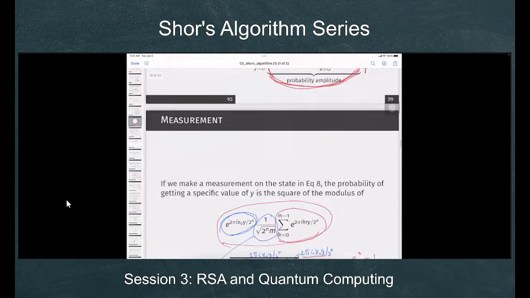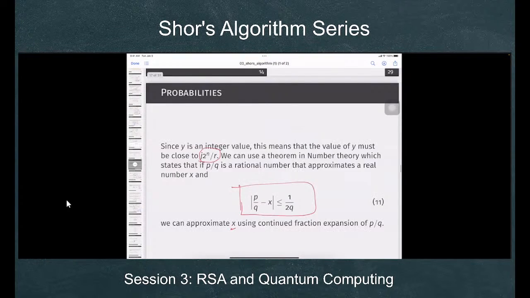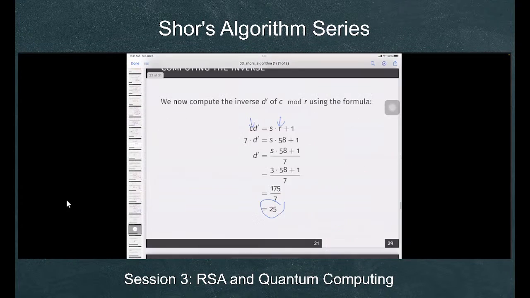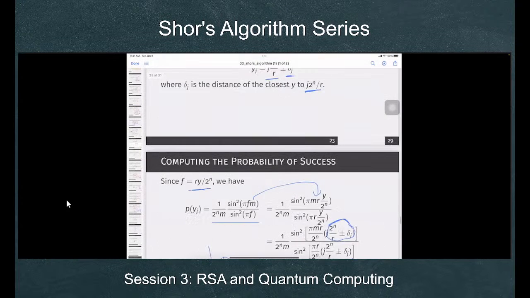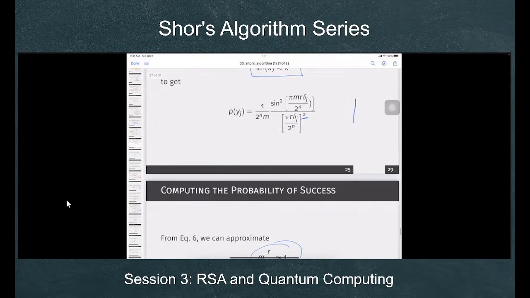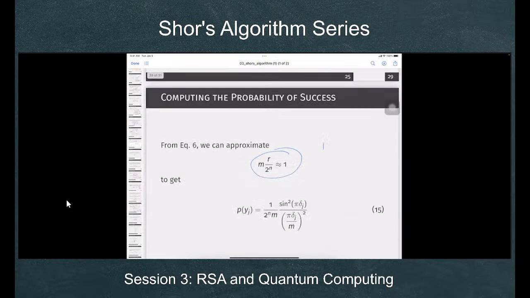So m is approximately equal to 2 to the n over r, no? Which means that m times r over 2 to the n is approximately equal to 1, no?